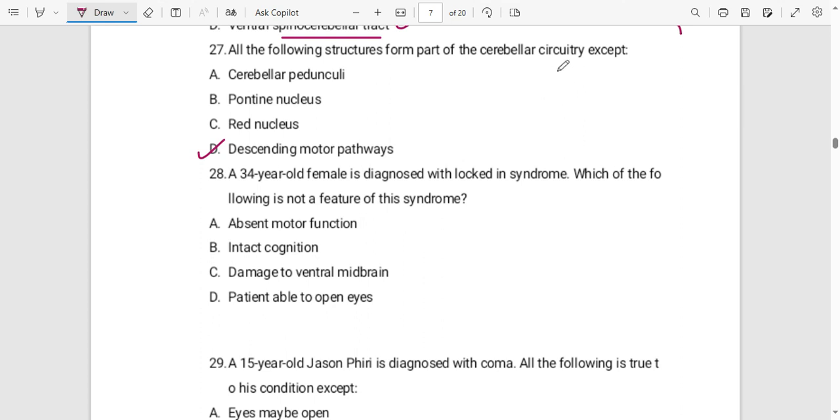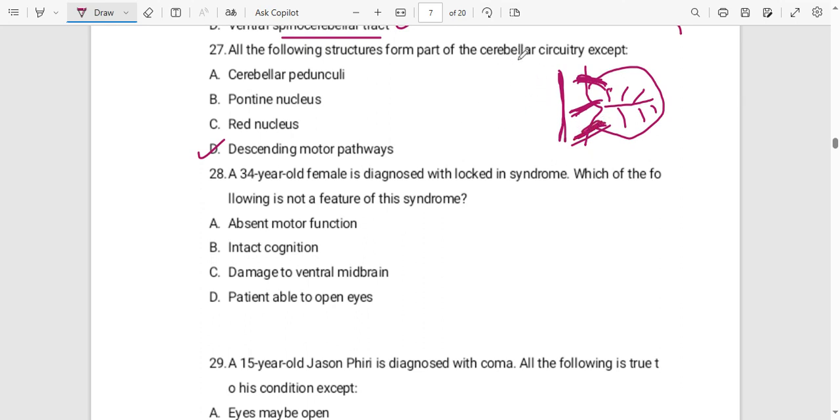Remember, here is this nice structure. Here you have got the fourth ventricle. Behind you have got this guy, the arbor vitae, the tree of life, the cerebellum. You have got connections: superior cerebellar peduncle, middle, and then inferior cerebellar peduncle.